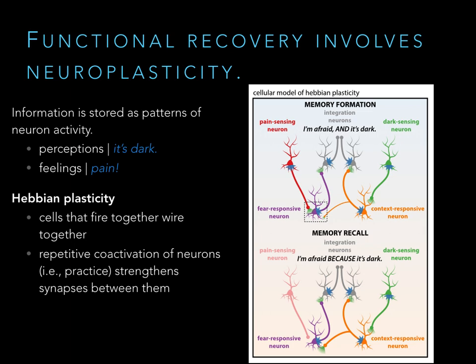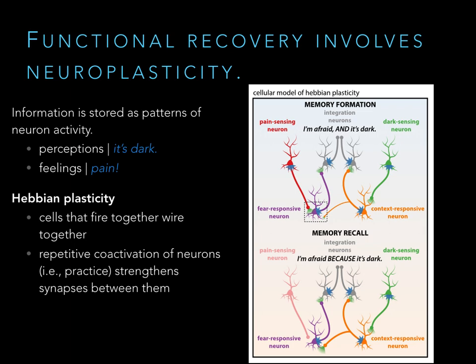But neurons are able to sense when the pre and postsynaptic cells are active, and when that occurs, they strengthen their synapses. So in the bottom, now anytime it's dark, that dark sensing network is going to be sufficient to activate the fear responsive neurons and generate fear.